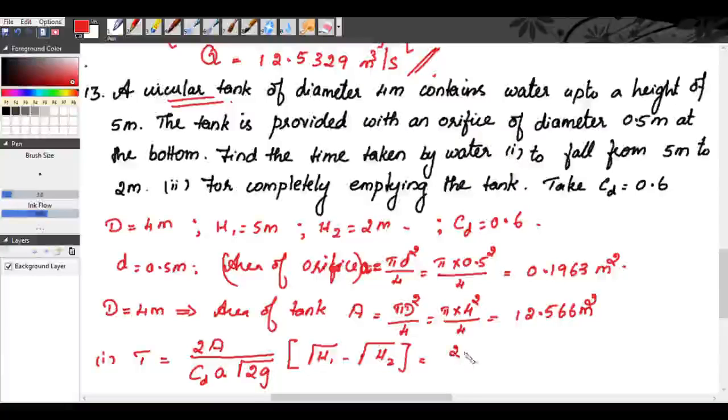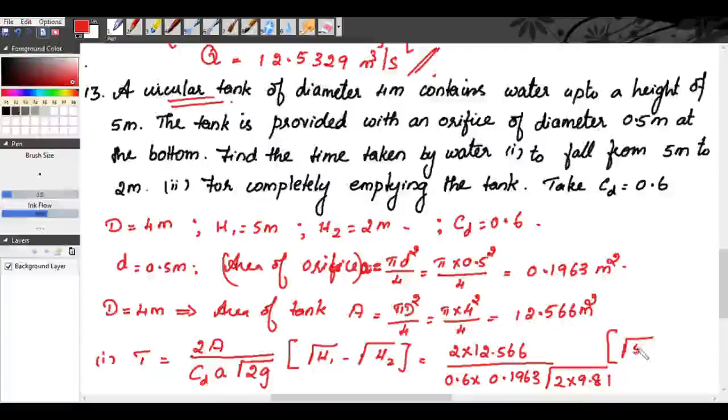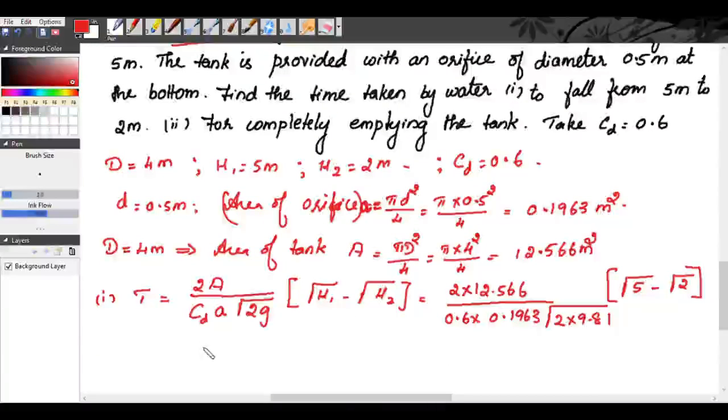So we get 2 into area of the tank 12.566 divided by CD is given as 0.6, area of the orifice is 0.1963, into square root of 2 into 9.81 into root of H1 is 5 minus root of H2 is root 2. So we get the time required to empty the tank from 5 meter to 2 meter is 39.58 seconds.